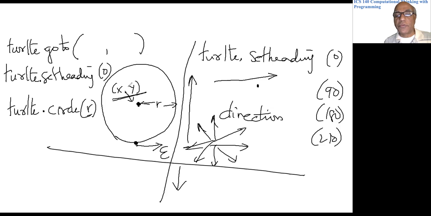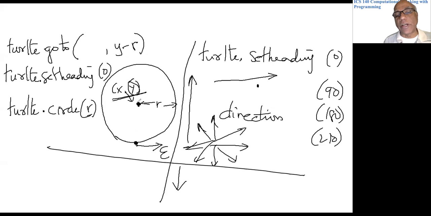So the y coordinate of this should be y minus R. If this is y minus R, if you add R more, you will reach y. Your goal is to have the y coordinate here be this value y, whatever that is, like 500.